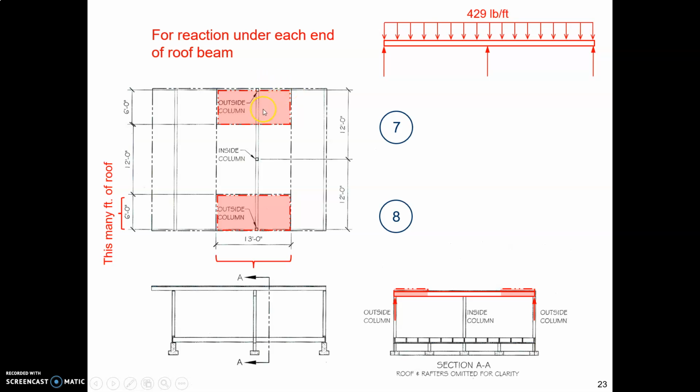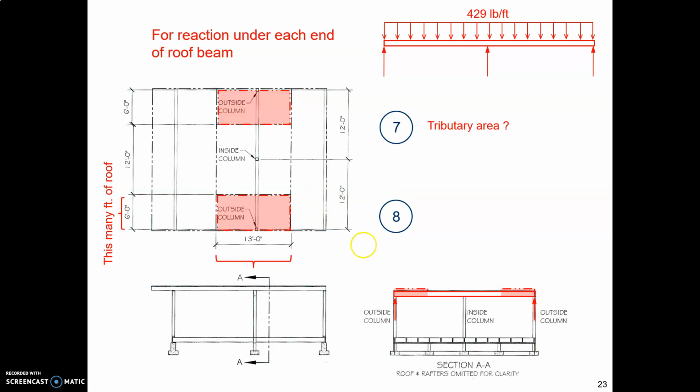Half that far is 6 feet. So each of those tributary areas is 6 feet wide. Now, how far are they side to side, I guess you would say. We found out earlier that halfway between the wall and the roof beam and halfway between the roof beam and the other wall gave us a tributary area that was 13 feet long, so we'll just stay with that.